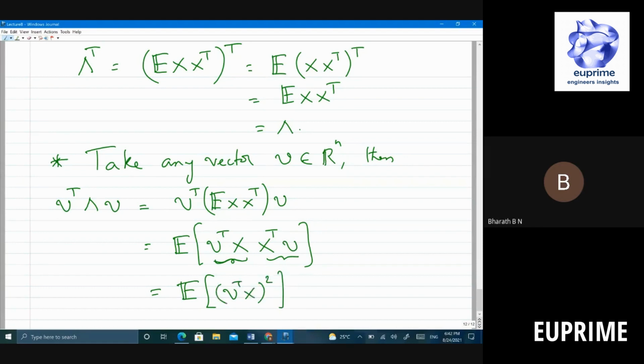If you take any number and square it, you will always get a non-negative number. So if you take the expected value of that, it should always be non-negative. Well, if you want to be really precise, this v transpose x will always be non-zero almost surely. So anyway, is this fine? This is true for any vector v you take, so therefore, it's positive semi-definite.